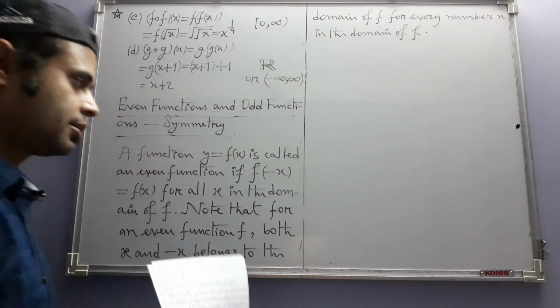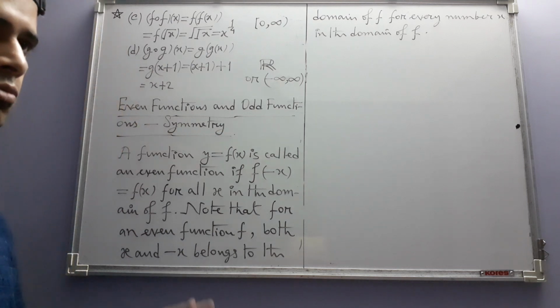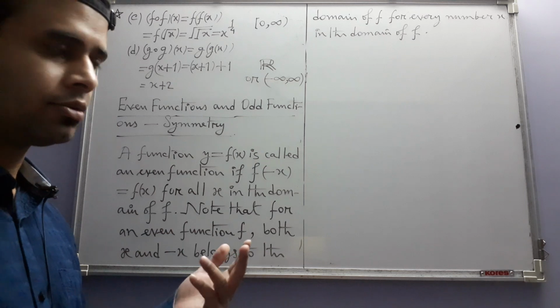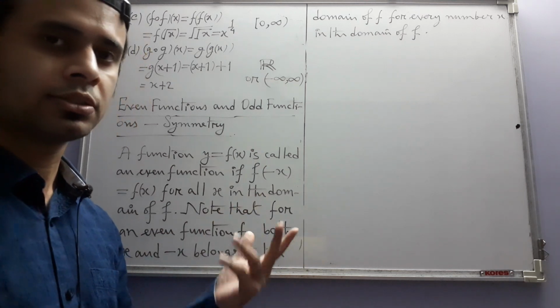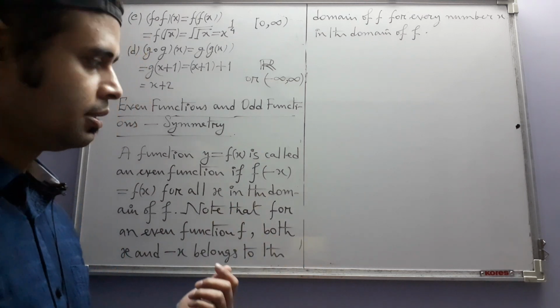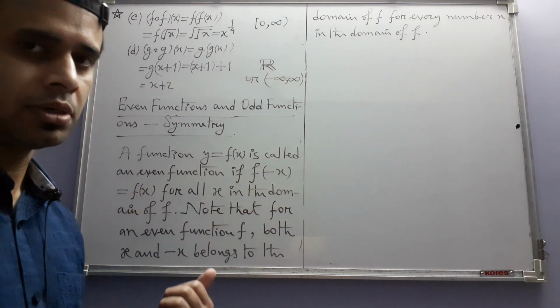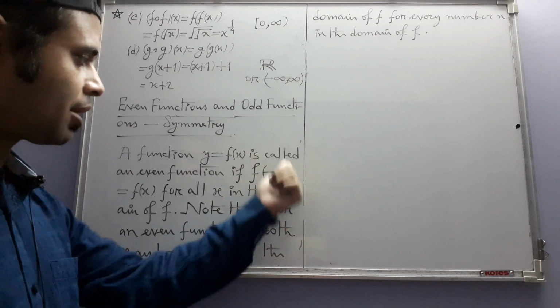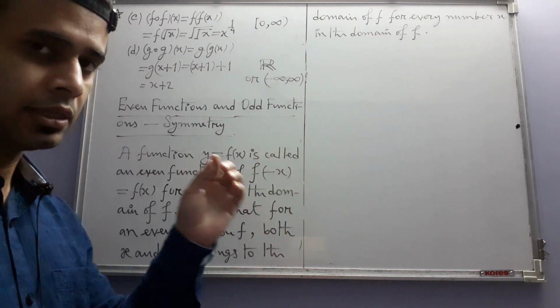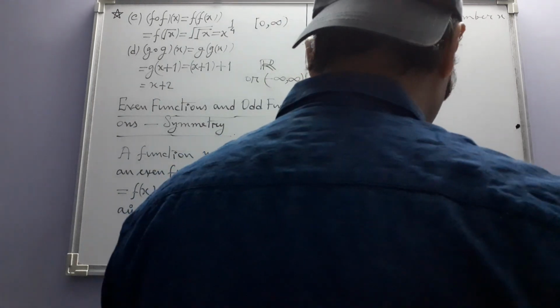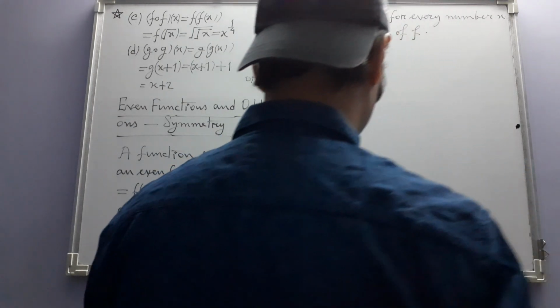If you encounter a function for which there is one number x in its domain for which the negative of the number does not belong to the domain, then there is no point verifying this equation, because this part of the equation will not make sense for that x. So this condition first of all should be true.